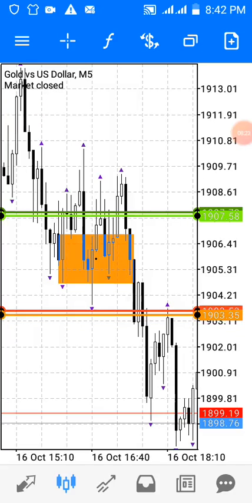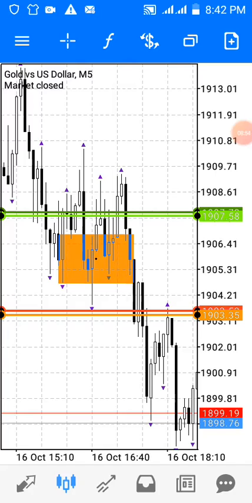So we are going to stop at that. And the lot sizes will be the original lot size 0.01, followed by 0.03, followed by 0.08, then finally 0.24. The account balance for this should be a minimum of $300 for a safer trade, and for you to have good enough room to handle the hedge.